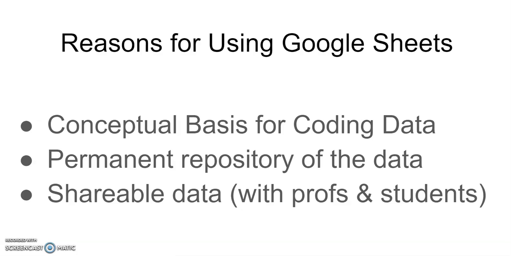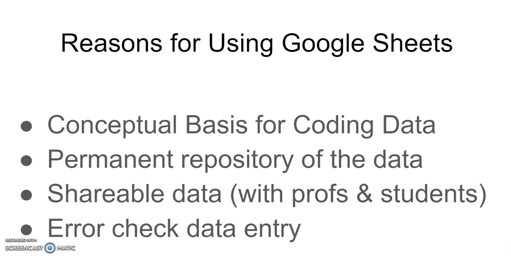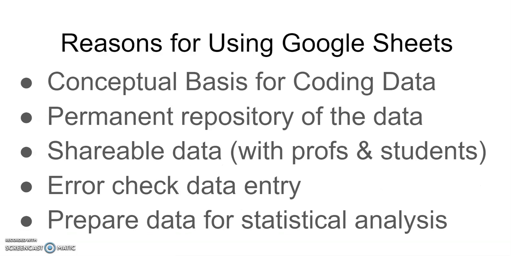You can share it with other students working on the same project or with the professors who are mentoring your data collection. And you can both be looking at the same file if you're in the same room or even if you are working remotely. Another advantage is that Google Sheets, like Excel, can be used to error check some of our data entry.